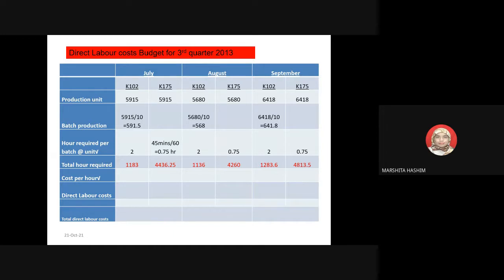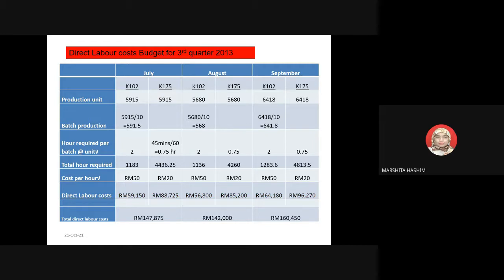This one also you can round off. And then cost per hour, 50 ringgit for K102, 20 ringgit for K175. And then direct labor cost for each type of labor and every month, July, August, September.